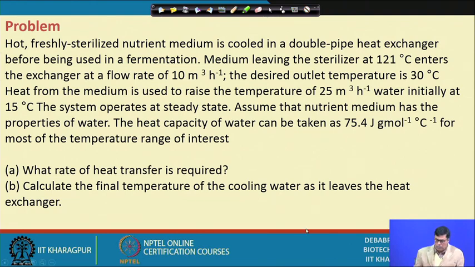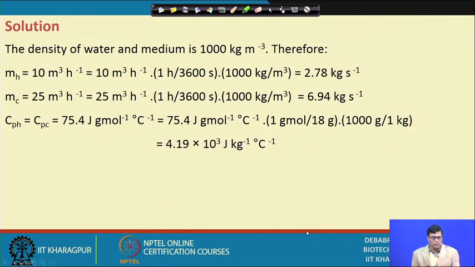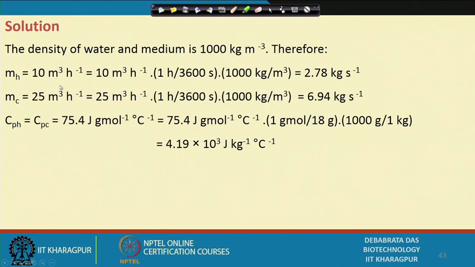Let us see how we can solve it. First, we shall have to convert the units to our desired units. For example, the hot liquid flow rate of 10 cubic meters per hour we have to convert into seconds, giving 2.78 kg per second.